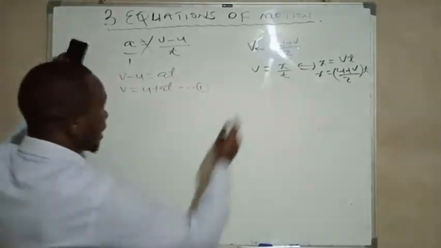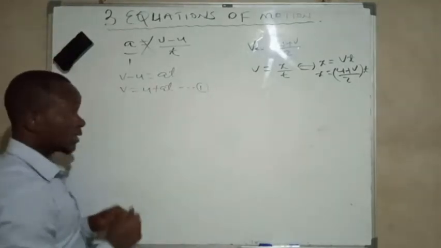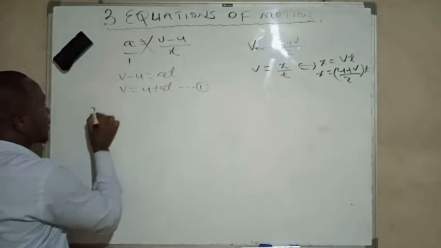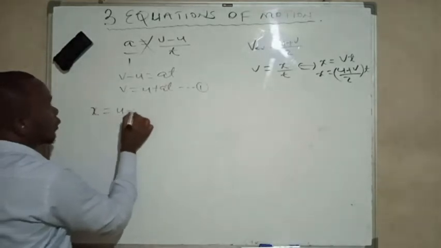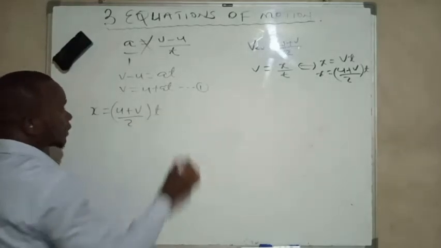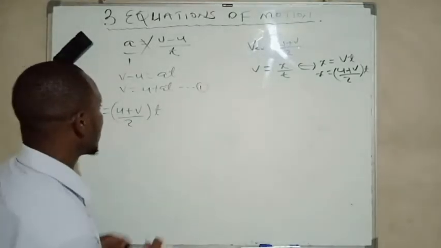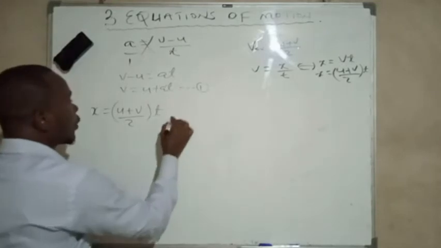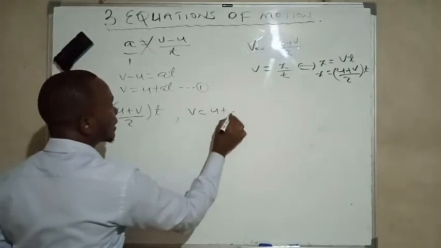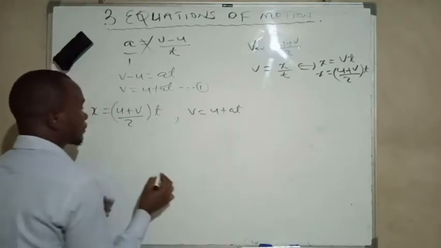Now, from this same equation, let us derive the second equation. So we know that x is equal to u plus v over 2 times t. So let us now derive the second equation from this. We know that v is equal to u plus at.